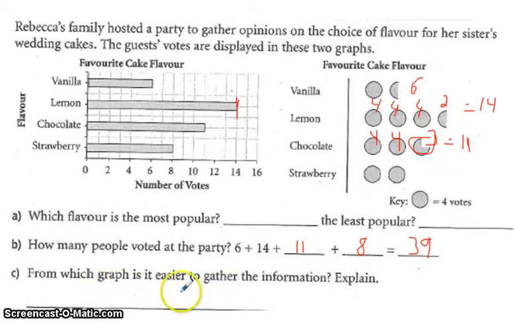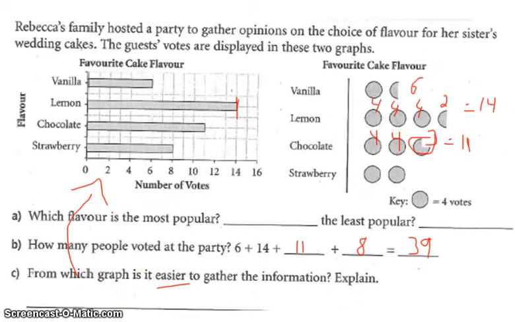It's not quite as easy as from the bar graph on the left. So for question C, which graph is it easier to get that information from? I think it's quite obvious that it's easier to get that information from the bar graph. So the pictograph, although it's good for some things, in this case wouldn't be the optimum choice.